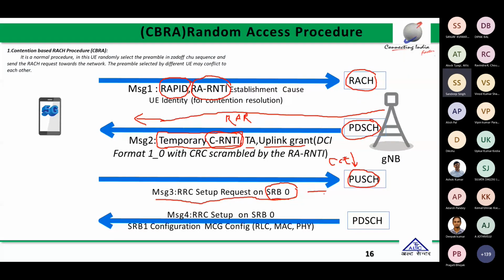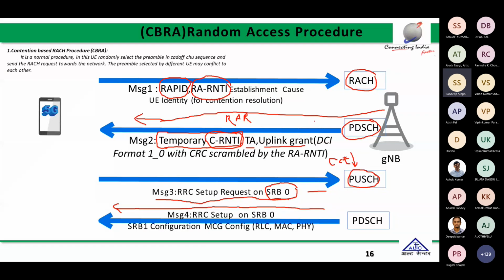And after that, depending on the SRB configuration, they send the message for RRC setup, or we can say contention resolution. Message 4, also known as contention resolution, is sent on which channel? That is the PDSCH channel, and it is also sent on SRB0.